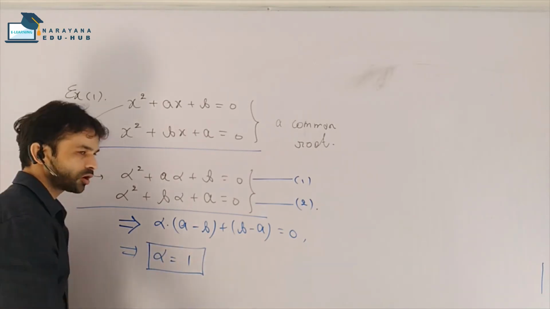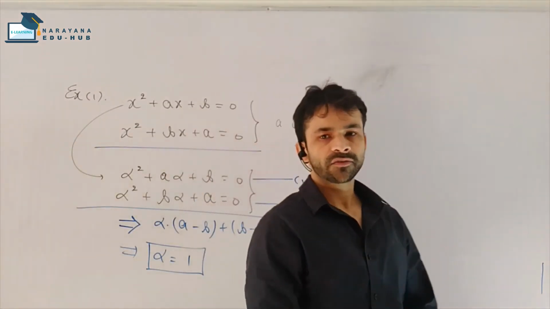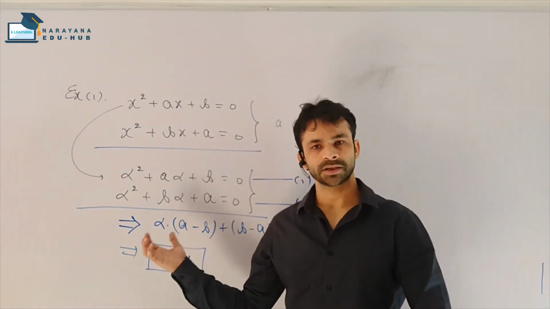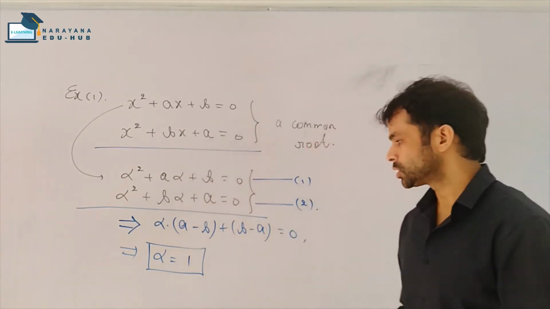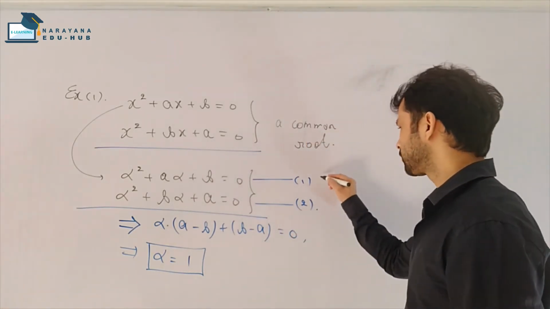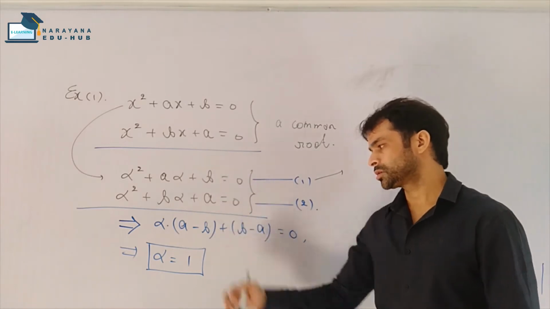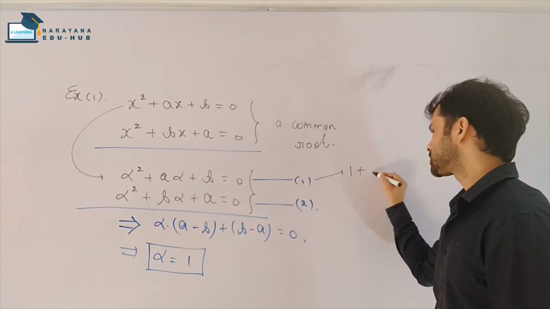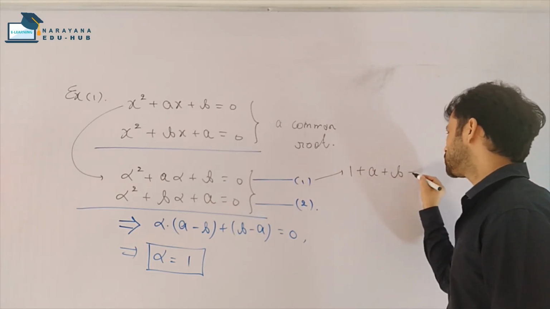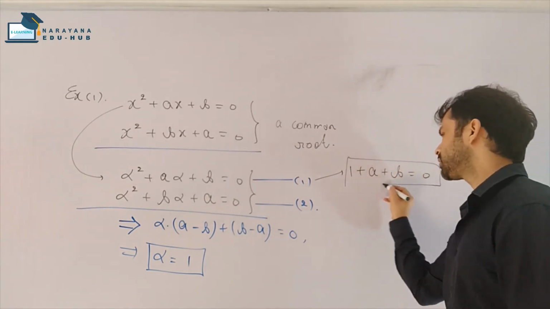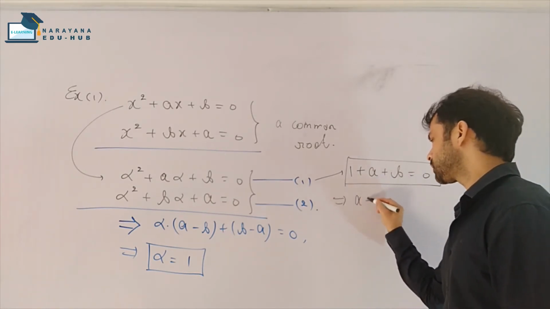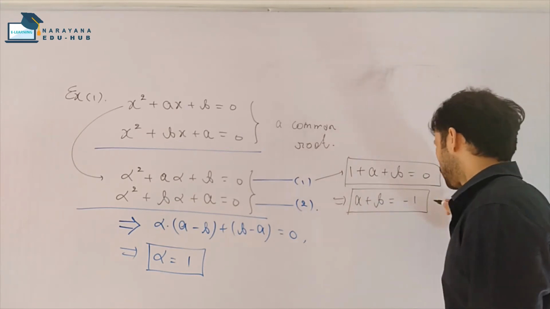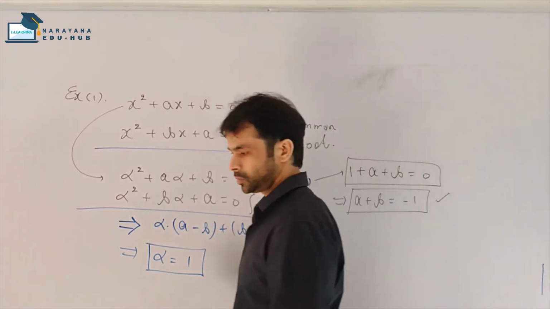This is the value of the common root, so it will satisfy both the first and the second equation. Put it in any one, say the first. If I put alpha equal to 1, I get 1 plus a plus b equal to 0. So this is the condition, and if they are asking the value of a plus b, then a plus b is equal to minus 1.